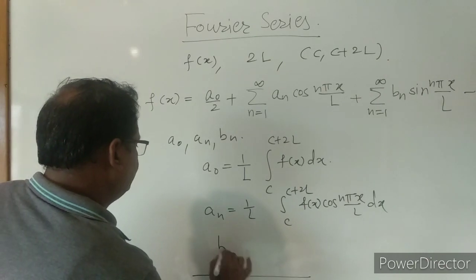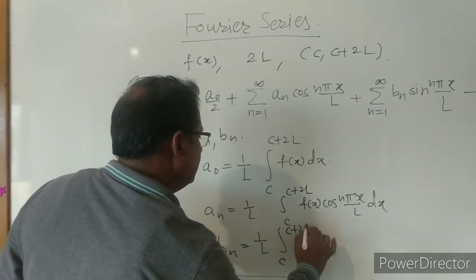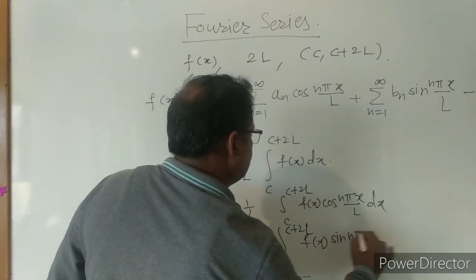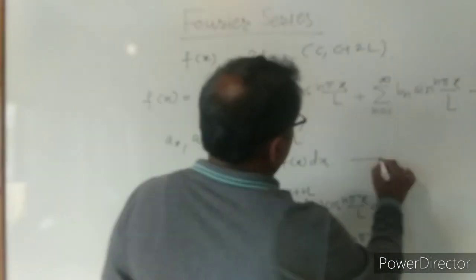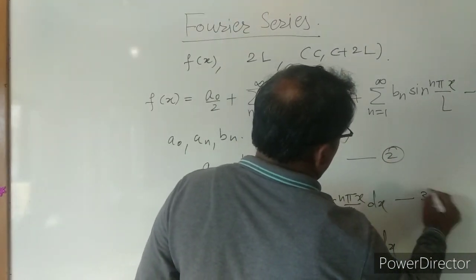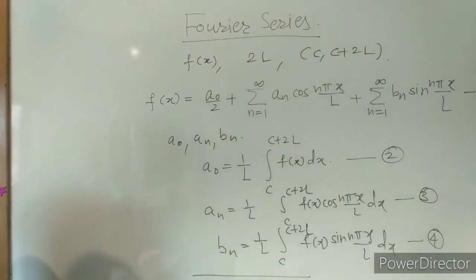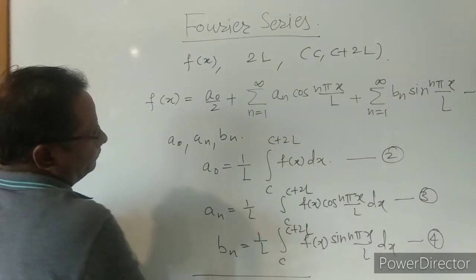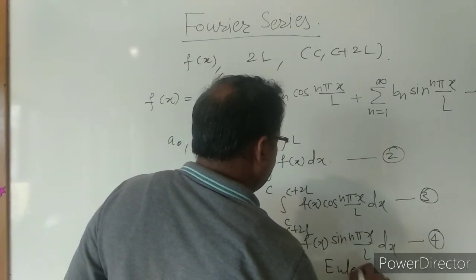And bn is 1 upon L integral c to c plus 2L f of x sin n pi x upon L into dx. Let this be equation 2, this one is 3 and this one is 4. These equations 2, 3 and 4 are known as Euler's equations.